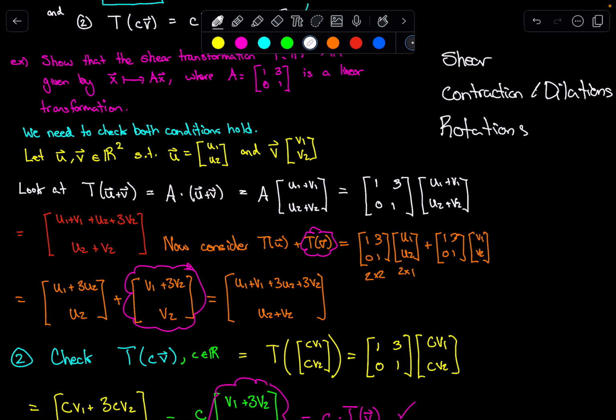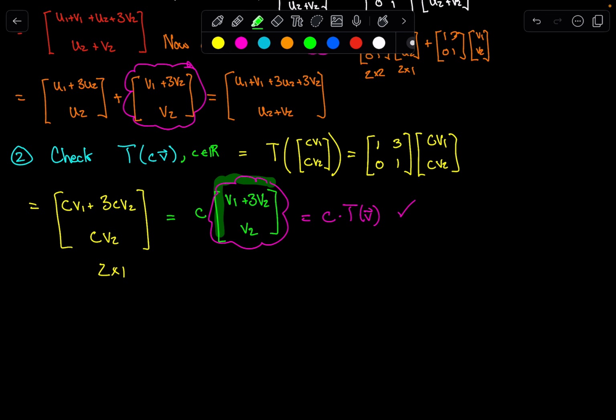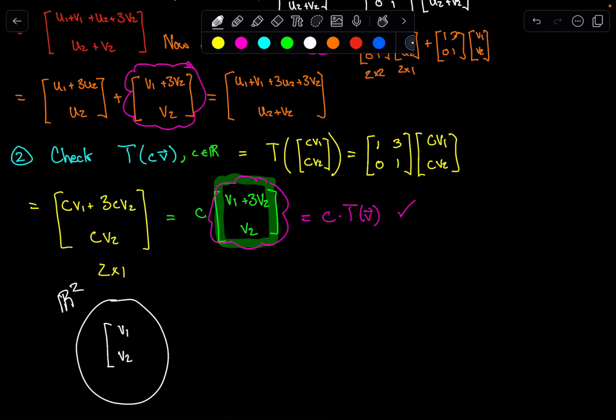Taking a closer look at what this matrix is actually doing to our vectors, let's look at what it does when we put a vector in. Remember that we have some domain, it's R2 in this case, and we're putting in a random vector, a v1, a v2, and it's going into our transformation, so it's T of our vector v, and then what's popping out is T of v.